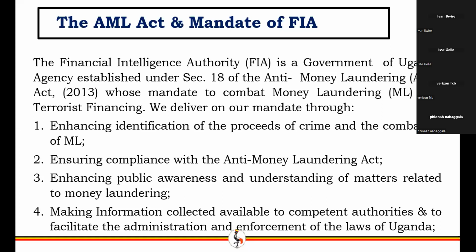And one of them is enhancing the identification of proceeds of crime. So we receive financial intelligence, analyze it, then we disseminate it to law enforcement agencies. So through this, we are enhancing the identification of proceeds of crime. What we are looking out for in this financial intelligence is to identify the proceeds of crime. So that also helps us to achieve our mandate on prevention.